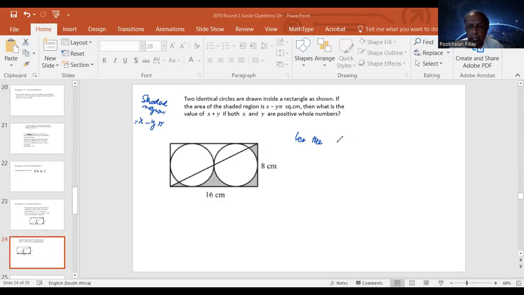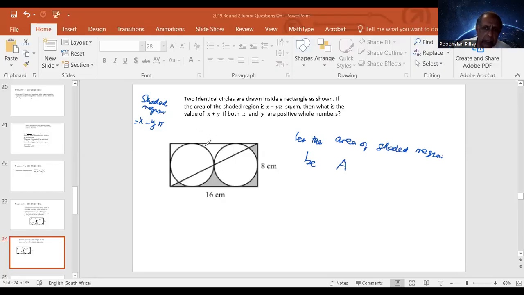Let the area of the shaded region, which you don't know what that is, be, we can't call it X because we've got X and Y already there. Let's call it A, capital A for area. Now, if you look carefully, you will see that some parts of the top part are identical to the bottom.